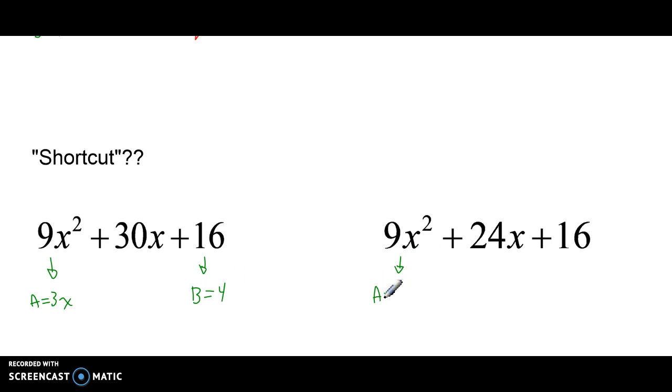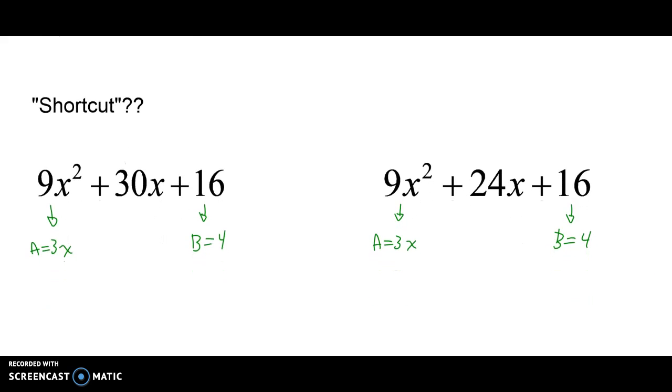There are no minus signs anywhere, so you don't have to worry about putting a minus sign in. But they have different terms in the middle. One of them has 30x, one of them has 24x. They can't both be 3x plus 4 squared. Only one of these actually factors that way.